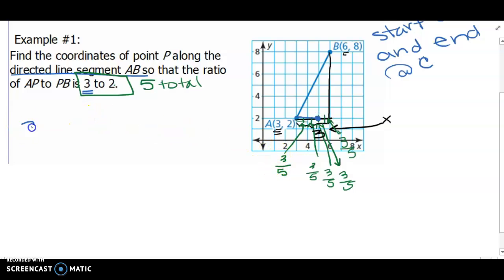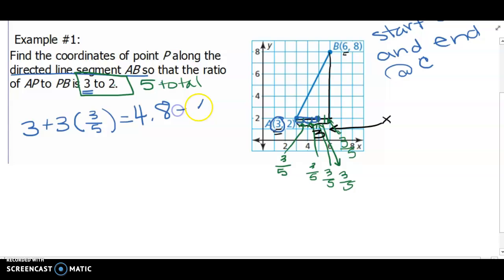Well, I'm starting at 3. Remember, I'm starting at x-coordinate 3, and I want 3 of the 3/5 long segments. So plus 3 times 3/5. When I put that into my calculator, I get 4.8.